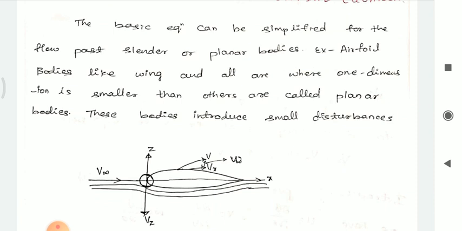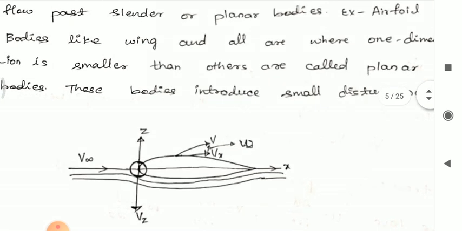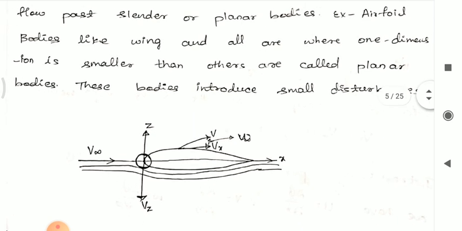Fine. So if you take slender bodies like an airfoil, the x dimension, the length of the airfoil, is usually larger than the width or the height of the airfoil, right? So one dimension, x direction, is more than y direction. That type of bodies are called planar bodies or slender bodies.